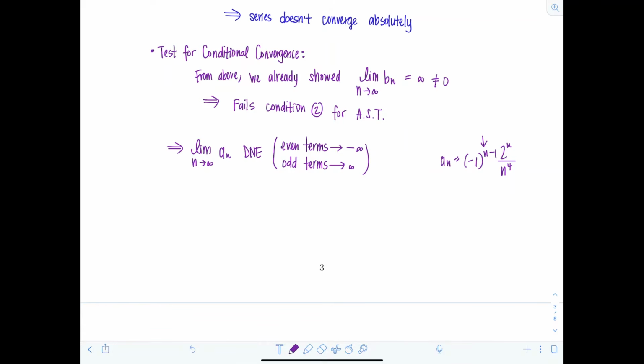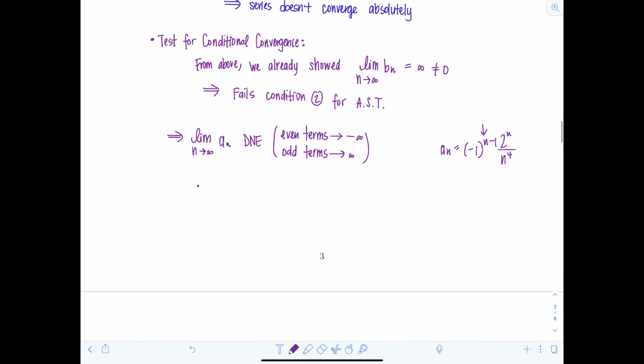And this means that the limit as n approaches infinity of a sub n does not exist. So I can conclude, therefore, the sum n equals 1 to infinity of -1 to the n minus 1 times 2 to the n over n to the fourth diverges by the test for divergence.